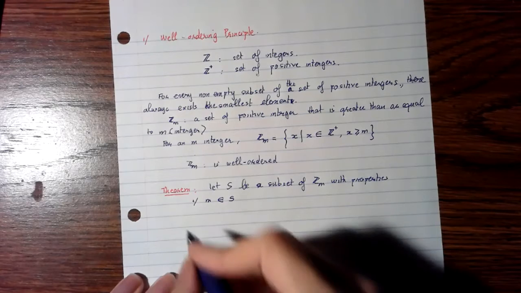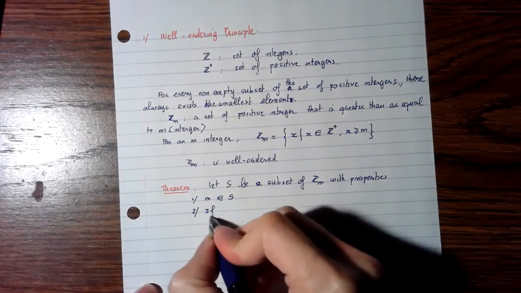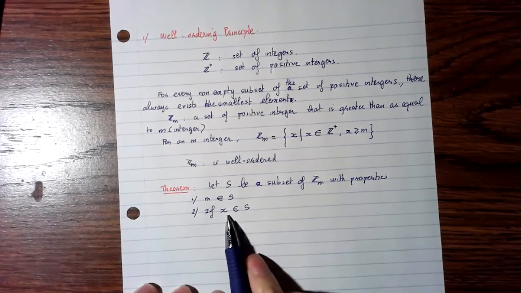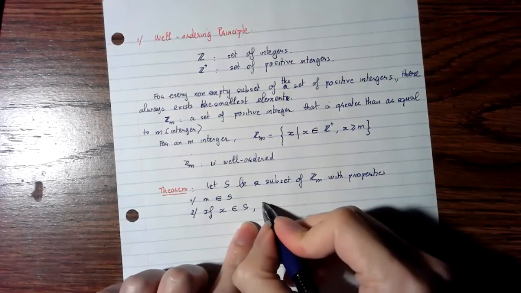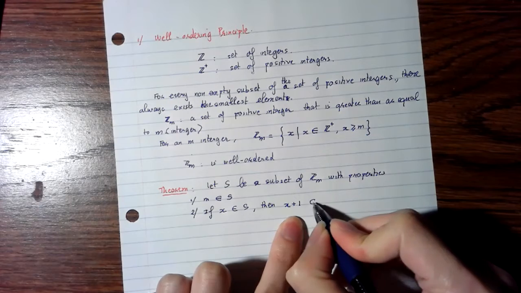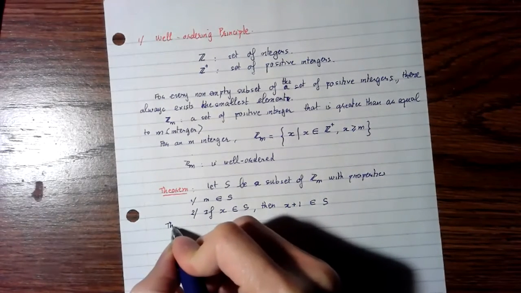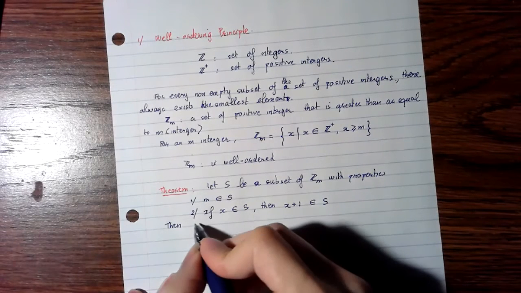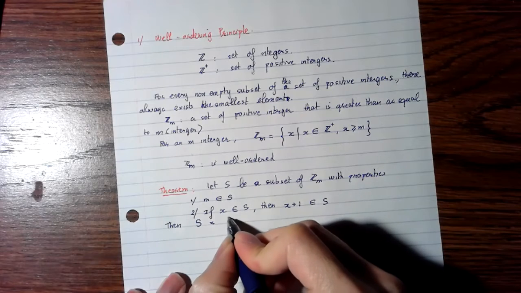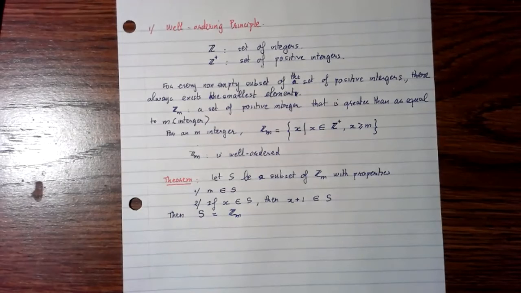The second property: if x also belongs to S, meaning S contains another member x, this implies x plus 1 also belongs to S. Then we can conclude that the subset S is equal to Z sub m.